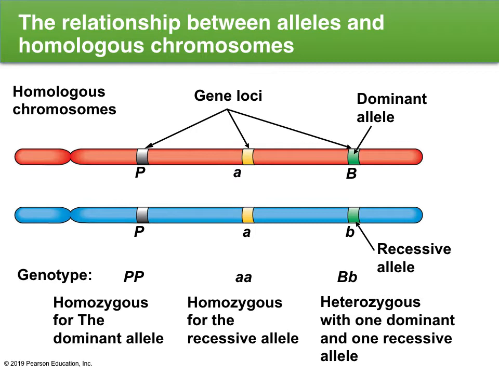At this next locus, you see two recessive alleles. If each parent contributes the same recessive allele, then you have homozygous recessive. And then the last possibility, of course, is one contributes the dominant allele and one contributes the recessive allele, and this would be heterozygous, which again is defined by one dominant and one recessive allele.